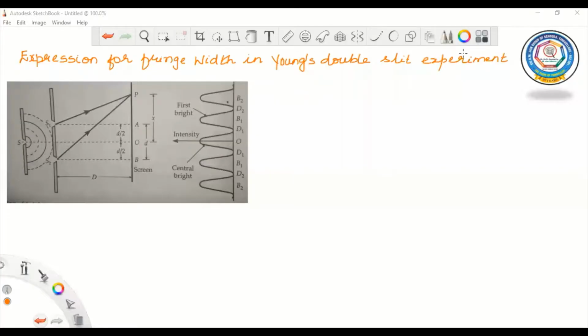Let us discuss the expression for fringe width in Young's double slit experiment.